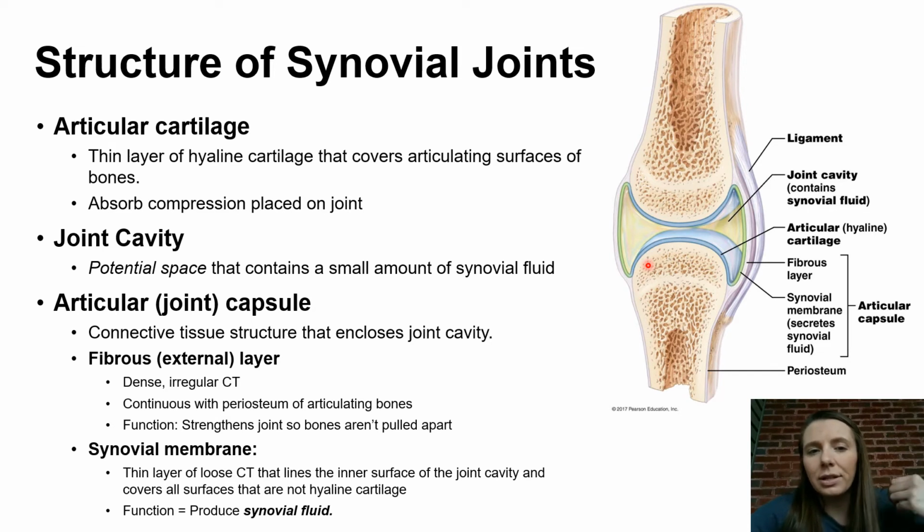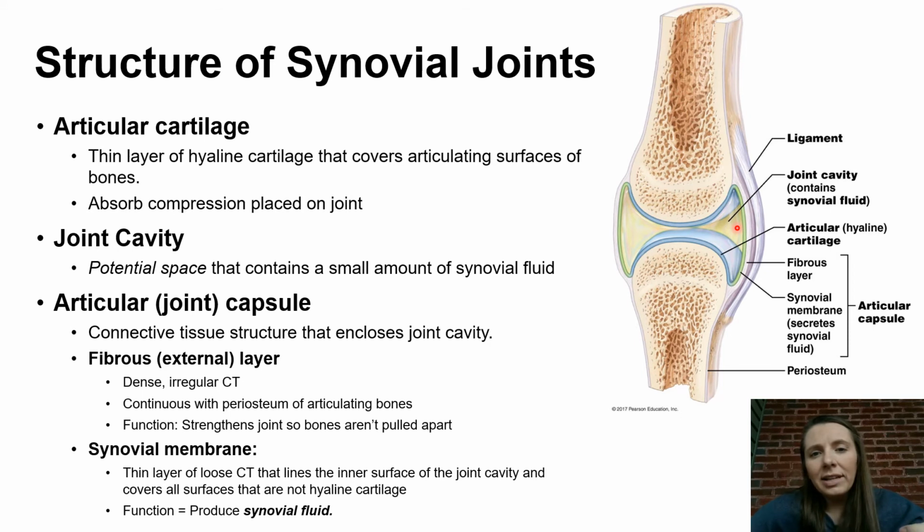The next structural feature of synovial joints is what's called the joint cavity. You see it everywhere within this green and blue little space. This would be considered the cavity. The cavity is a feature that is unique to synovial joints and contains a really small amount of synovial fluid.